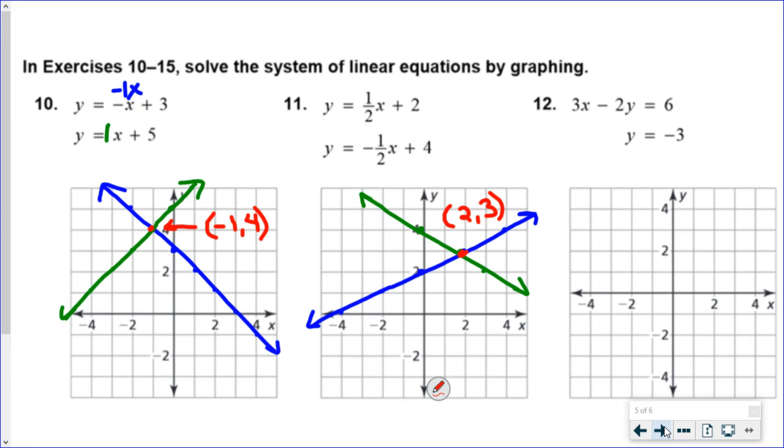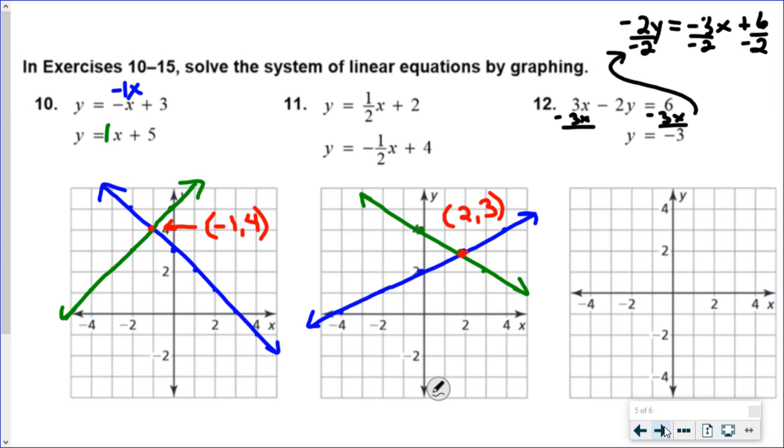Okay? Now, sometimes you might have a problem that is not in slope-intercept form. So for this equation, first thing I would do is subtract 3x. Okay, so I'm going to rewrite that up here. So I have -2y equals -3x plus 6. And then I divide everything by -2.